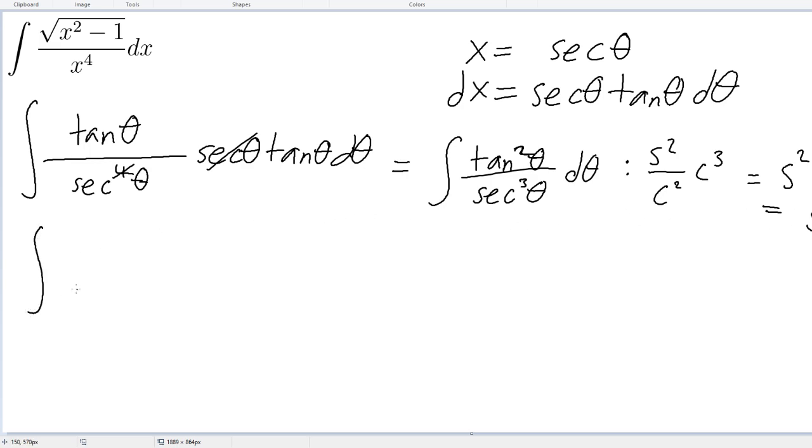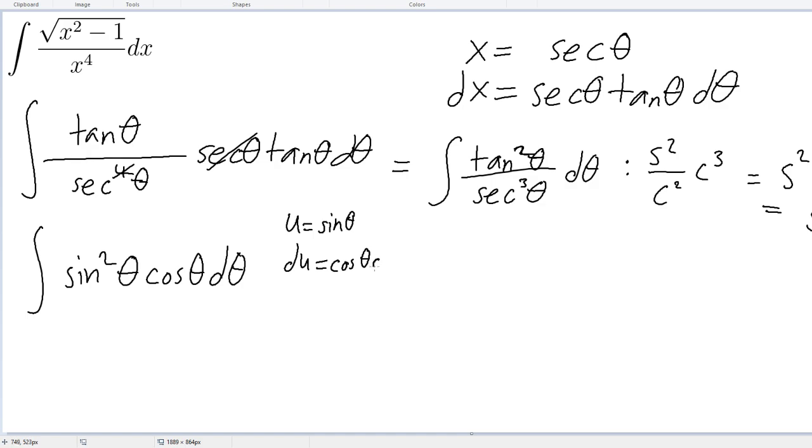Cool, okay. So our integral simplifies to this integral. Now we have a simple u substitution integral. We'll let u equal sine theta, du is equal to cosine theta d theta. So this is just u square, and cosine theta d theta is du.